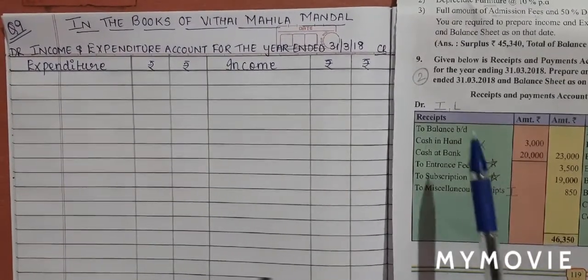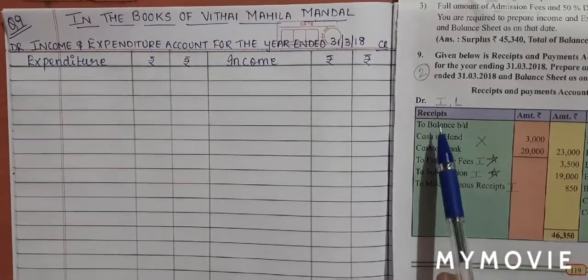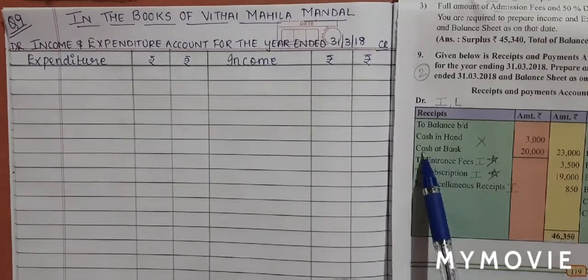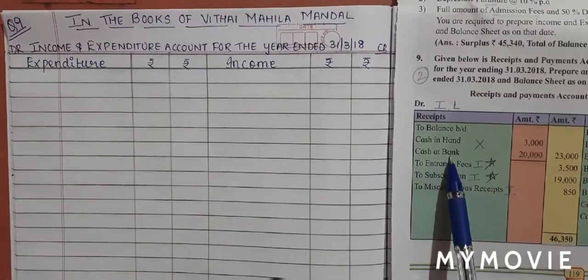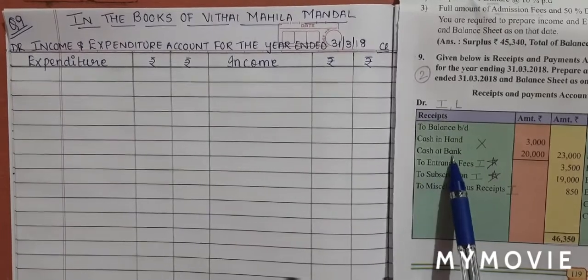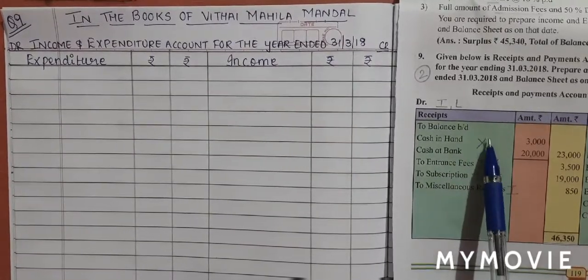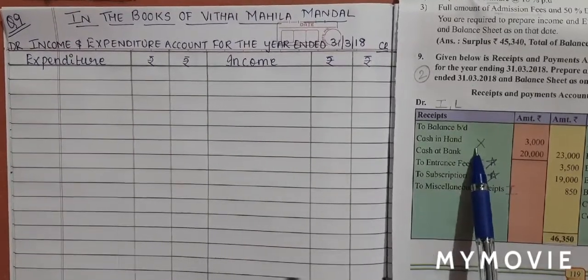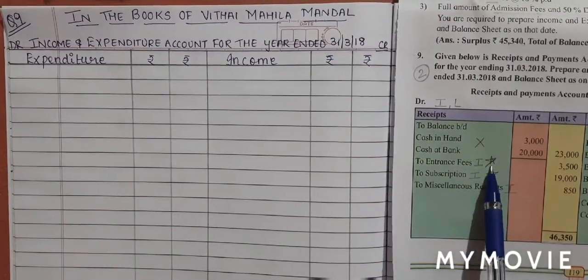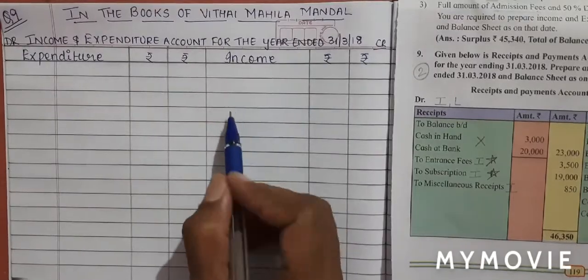So let's begin from the receipt side. The first one is to balance brought down, that is cash in hand and cash at bank. I told you, students, this is my opening cash in hand and opening cash at bank balance. So we do not consider this amount. Next is entrance fees, and there is a star. It will be written on my income side.